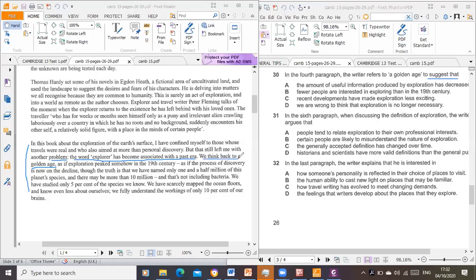We think back to a golden age as if exploration peaked in the 19th century. It also suggests that the process of discovery is now on decline.